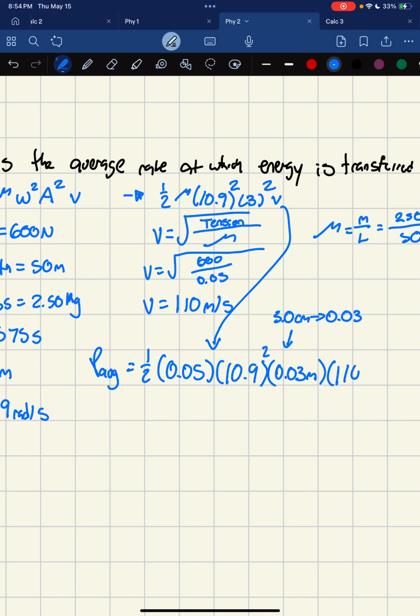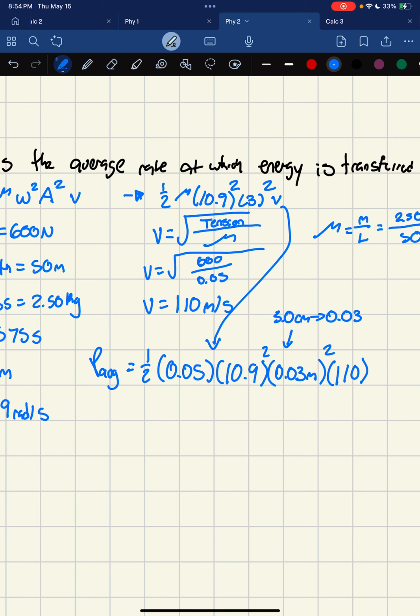And this is 110. Okay, everything looks good. I have to rewrite this. So 1/2 times 0.05 times 10.9 squared times 0.03 squared times 110.